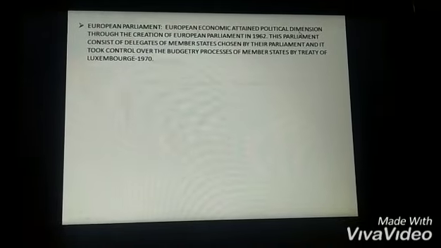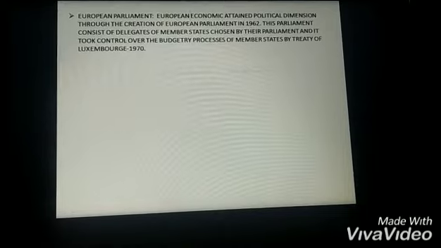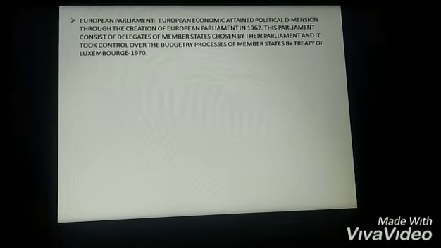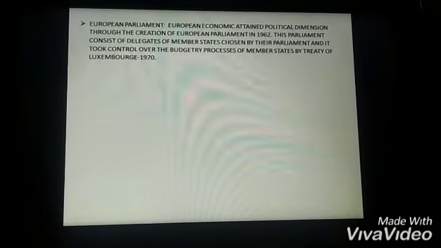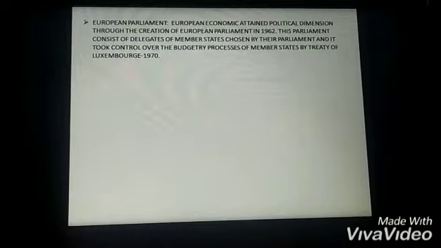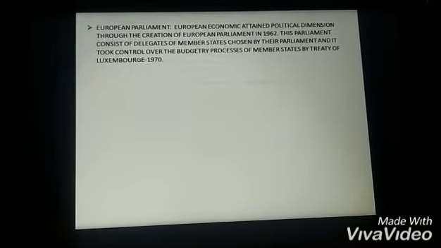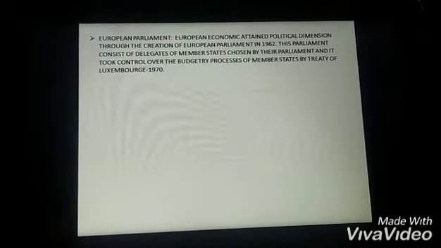It was created for economic cooperation, but under this European Economic Community of 1957, they started venturing into the political arena also, through the creation of this European Parliament in 1962.